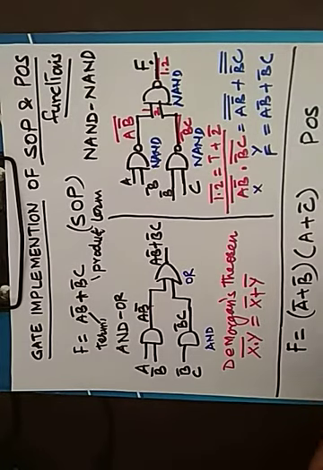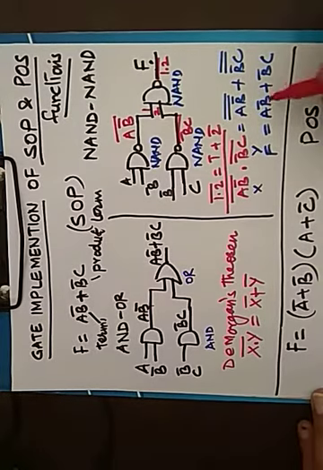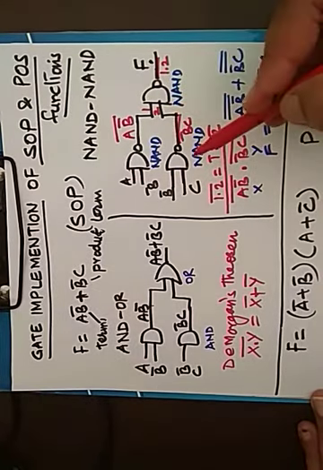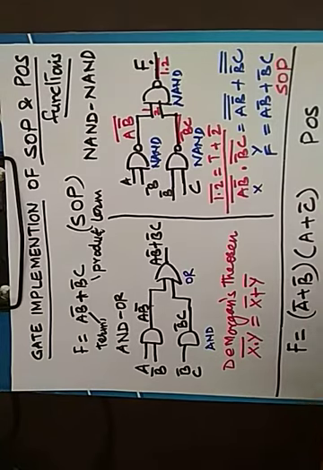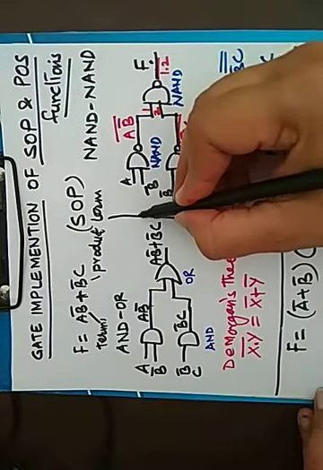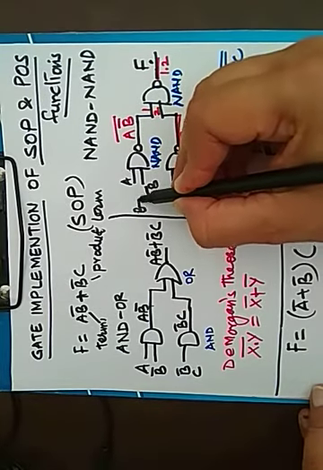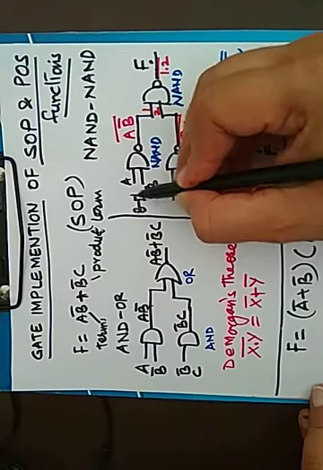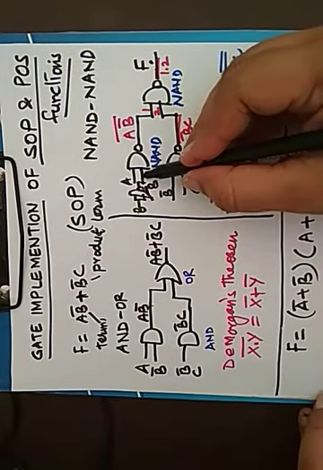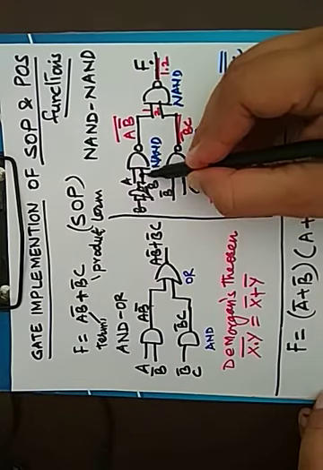So you see that any SOP function can be implemented with only NAND, NAND, NAND. We are just missing one little aspect: this is B bar, but the circuit input is B. So there will be another NAND inverter over here, which will give you B bar, and the same B bar is coming from here.